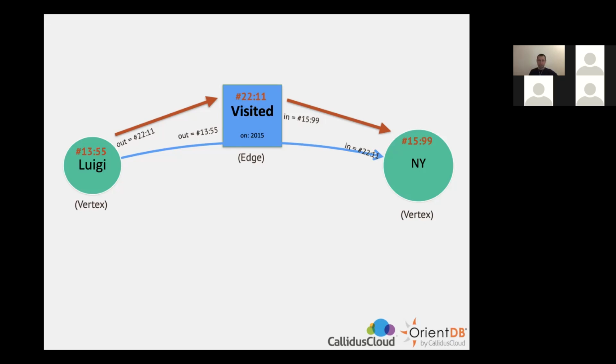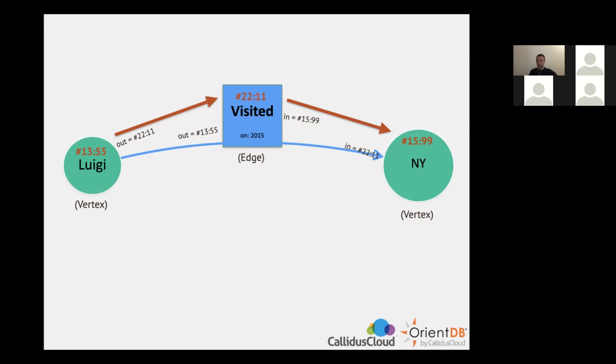In this case, my Luigi vertex has an out attribute that is a record ID. So it's a reference to another document that in this case is an edge, that is the visited edge. The edge has two more attributes, still called out and in.